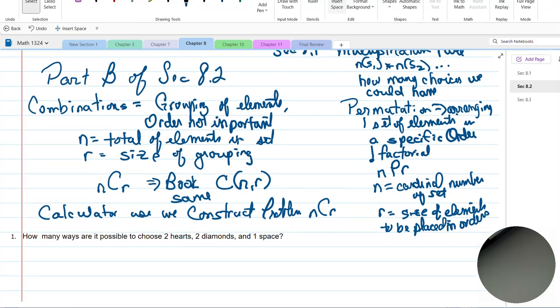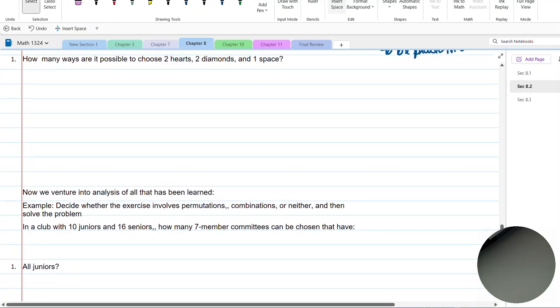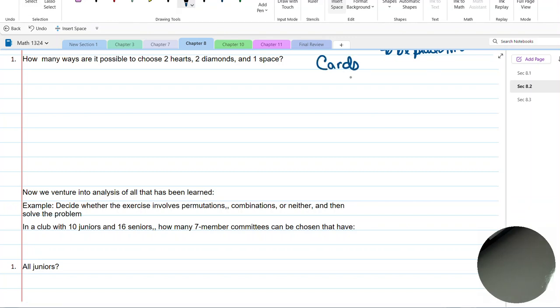So let's get started. Get you caught up on what we just did. All right. So we're still talking about cards. And we know that the cardinality of the cards is 52. And we know that the cardinality of each suit is 13.